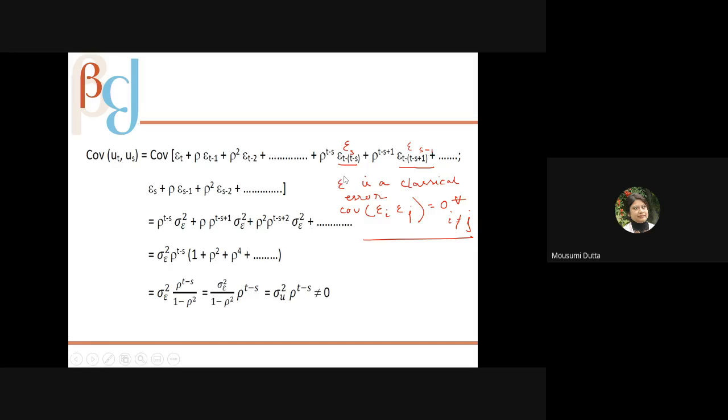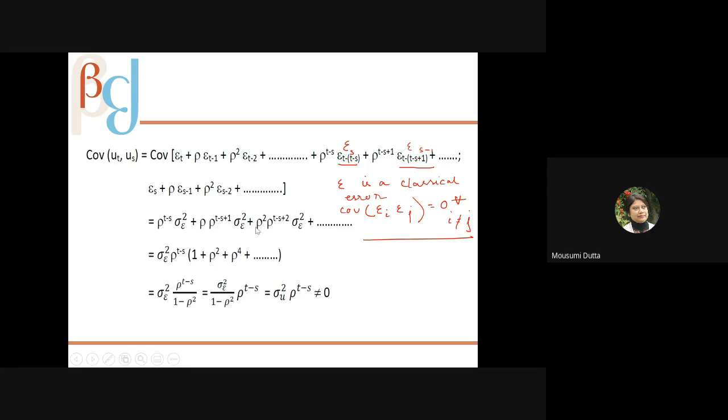Next, if I consider this, rho to the power T minus S plus 1 and epsilon S minus 1. So this epsilon S minus 1 here and epsilon S minus 1 here. Again, covariance between the two epsilon S minus 1 will give us the variance, constant variance sigma epsilon square. Cofactors are this rho and this rho to the power T minus S plus 1.